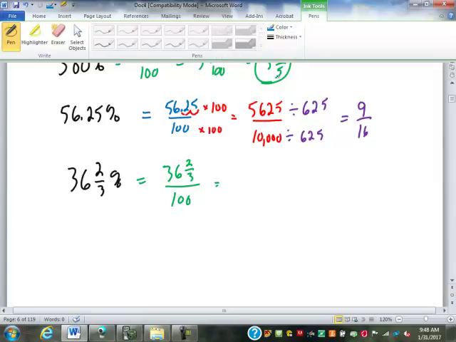So you've got 36 2/3 over 100. We have to get rid of the fraction of 3. How do we get rid of that? Multiply by 3. So this becomes 109 over 300. Is that correct? It's 110 over 300.